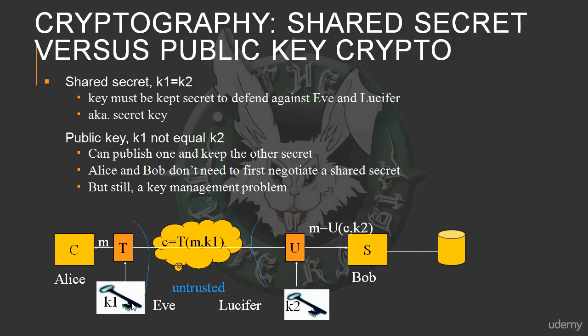But you still have a key management problem, because how does Alice know, for example, that the key K1 is indeed the public key of Bob, right? But at least it's useful to have different keys, so that now you only need to keep K2 private.